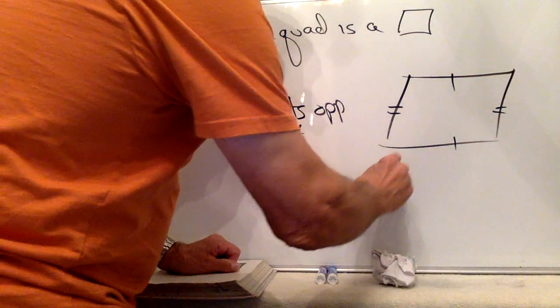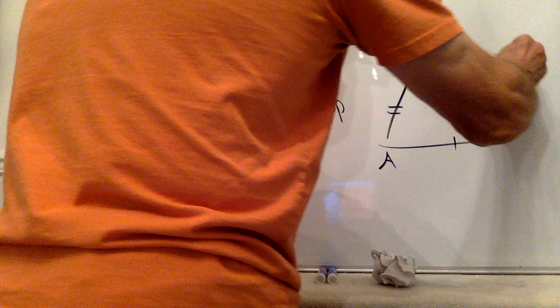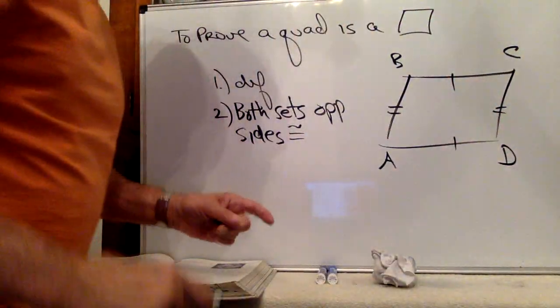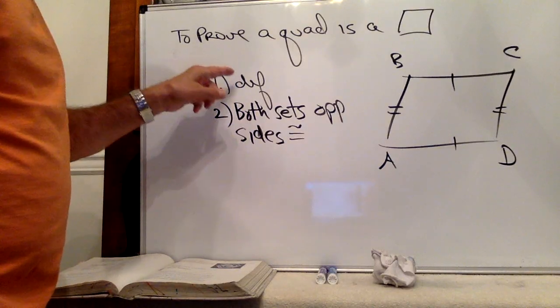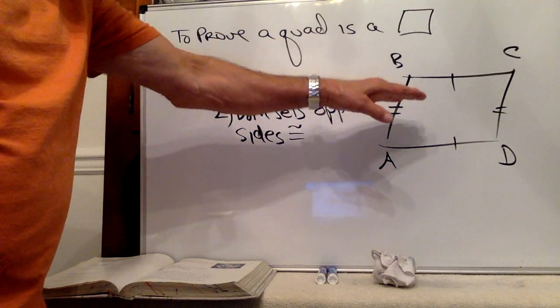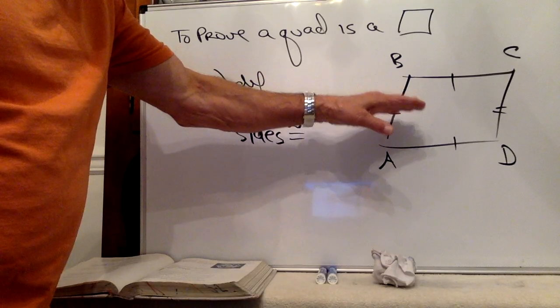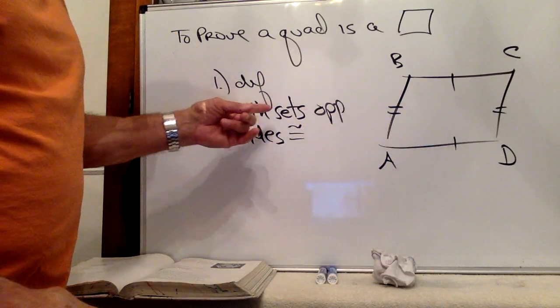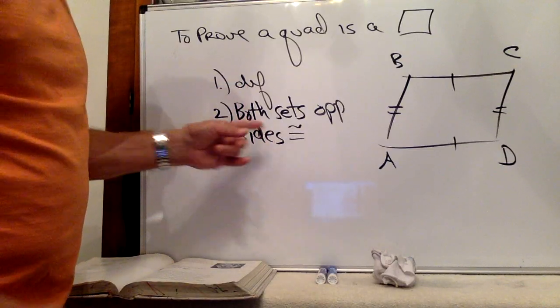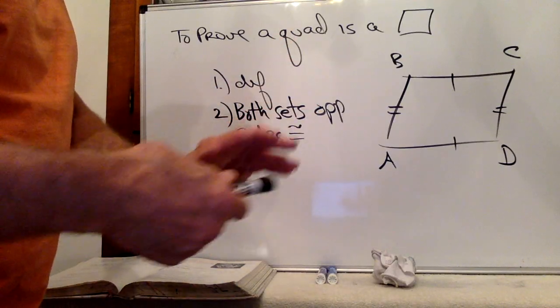So if I started with something like this, A, B, C, D. Well, I've only got one way to prove that a figure is a parallelogram, the definition. So if I can show that not only are they congruent, but they're parallel, then I fulfill the definition, and then I would have proved this. And I'm not going to write this up formally.